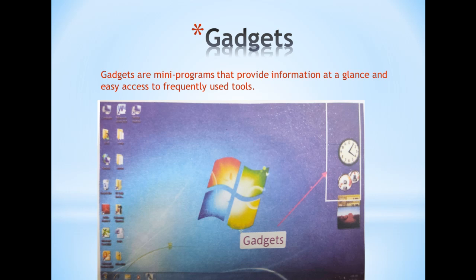Gadgets are mini programs that provide information at a glance, and we can easily access frequently used tools. It means we can just use it very easily. It is designed to sit on a user's desktop screen so that he can use it easily and quickly.